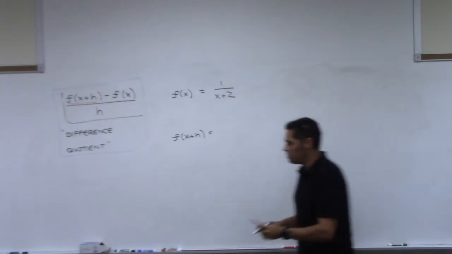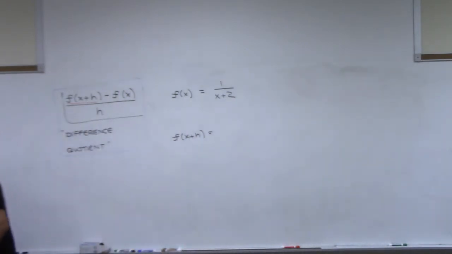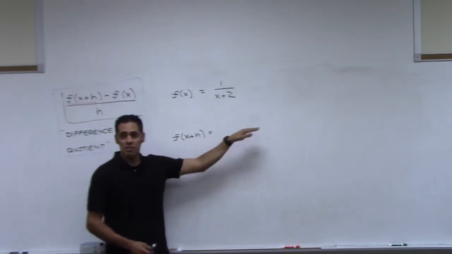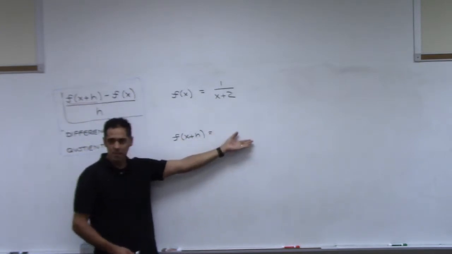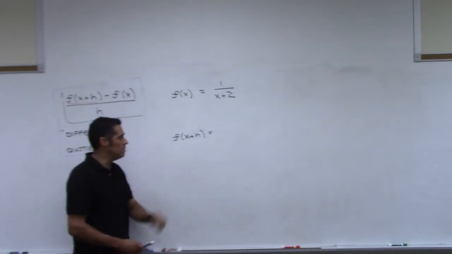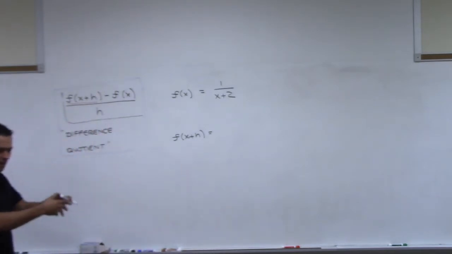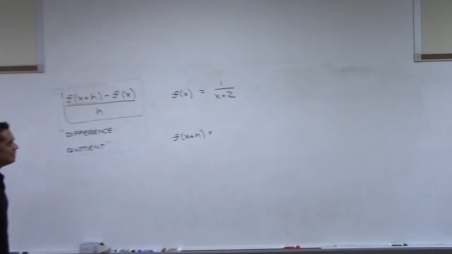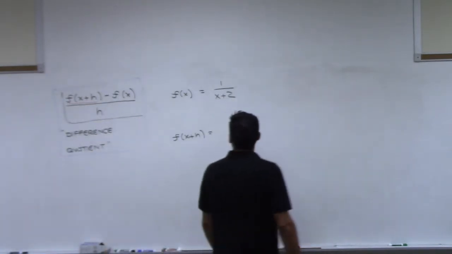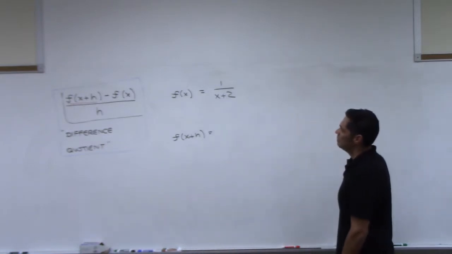And I was talking to some of you as I walked around, I was telling you, in your notes, it might be valuable for you to actually write down what you're doing. Like this right here is going to be something, right? And then later on, I'm going to label everything I'm doing so that you know what all this stuff on your paper actually means. All right, so that means all I do here is replace x with x plus h, right?